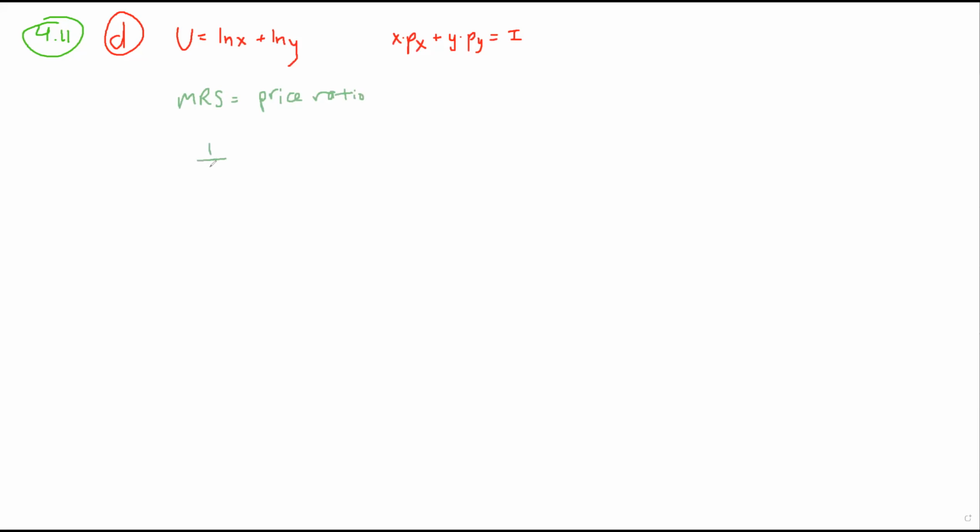We'll end up with 1 over x divided by 1 over y equals price of x over price of y. This becomes y over x equals price x over price y, something we saw earlier. Cross multiplying gives us x times price of x equals y times price of y. Now that I have this relationship, I can substitute it in for y times price of y.